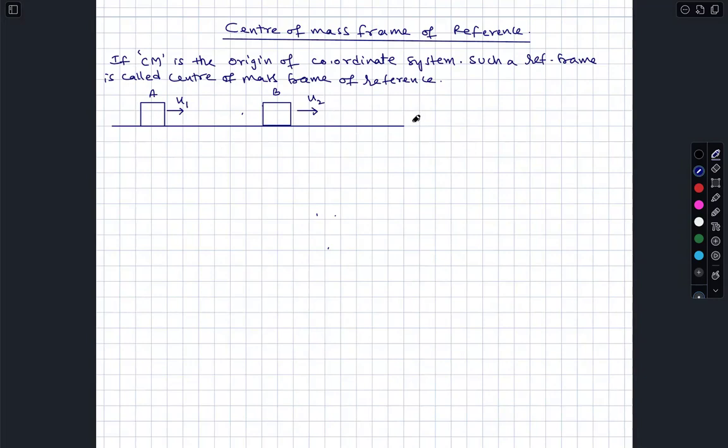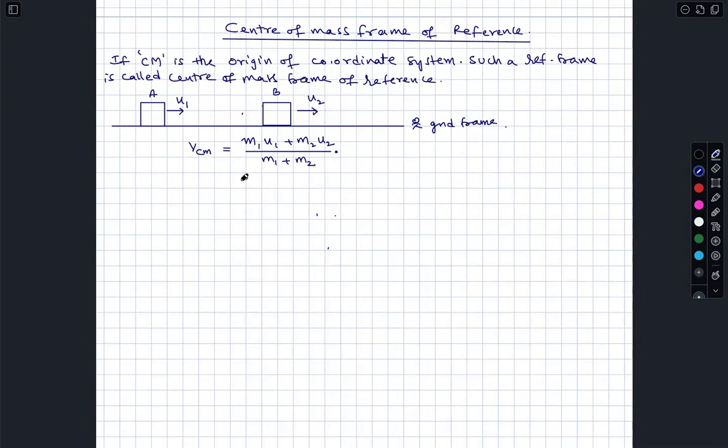This is with respect to ground frame. What is the velocity of center of mass of this system? m1 u1 plus m2 u2 divided by m1 plus m2. That is the velocity of center of mass.